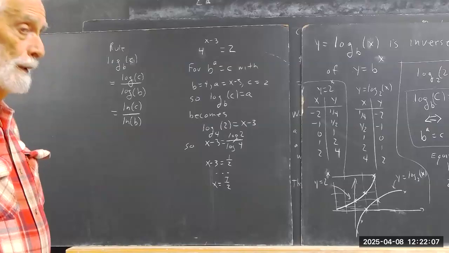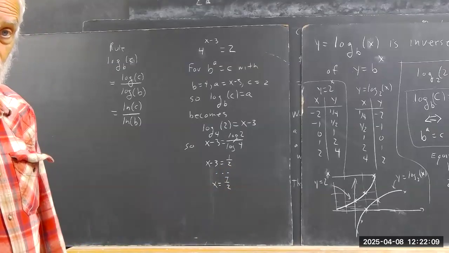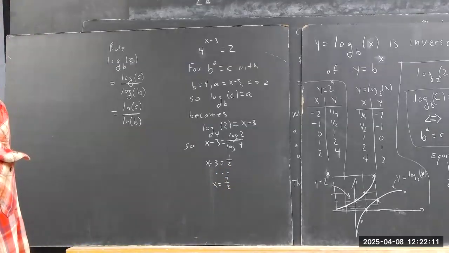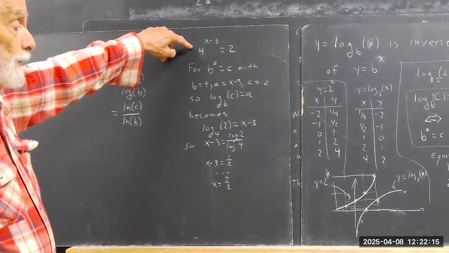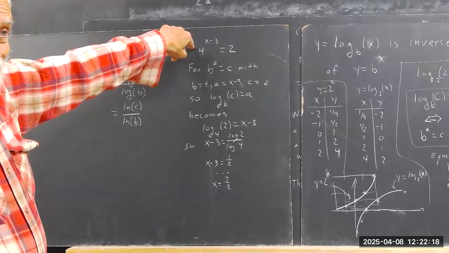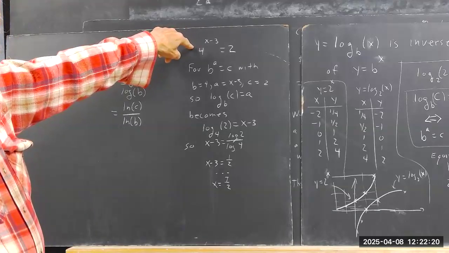You could get x equals 3.5 or 7/2. Okay. So now, a minute ago, you didn't have a clue how to solve an equation like that, except by trial and error.